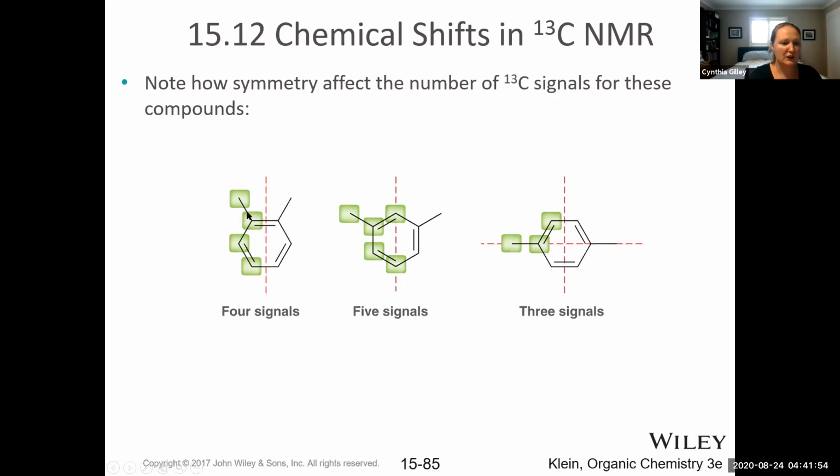So there are 4 unique carbons in ortho-xylene, 5 unique carbons in meta-xylene, and only 3 unique carbons in para-xylene. So the number of signals you would expect in each of these carbon-13 NMRs is different. That would be a way to tell which one you have.